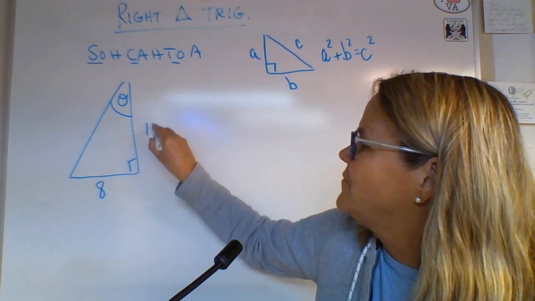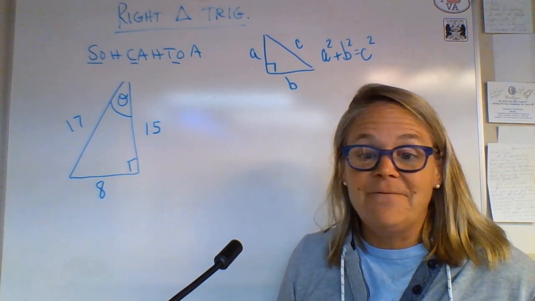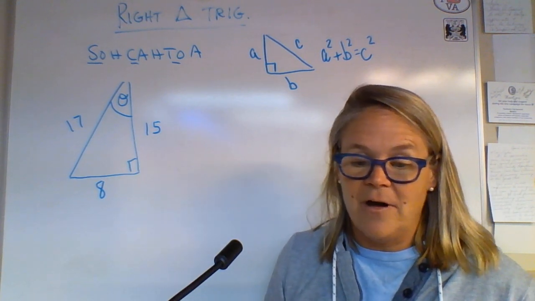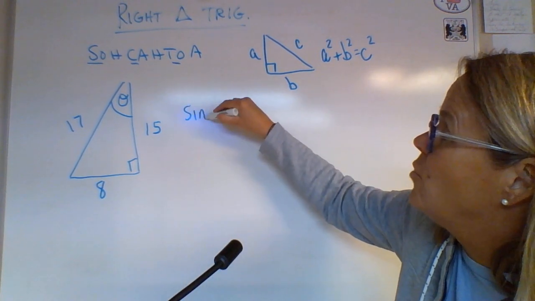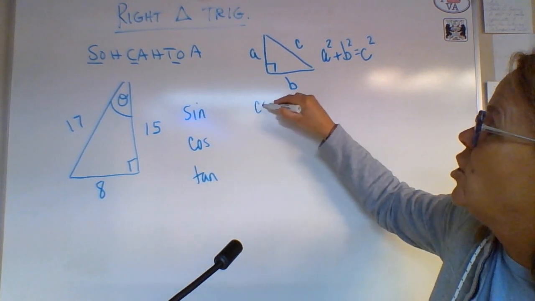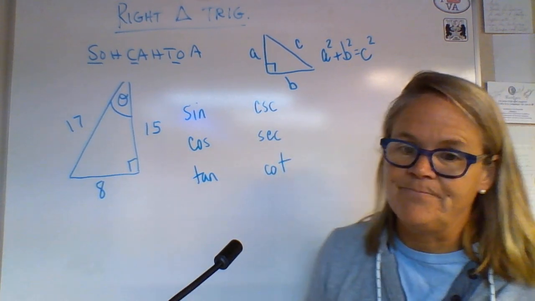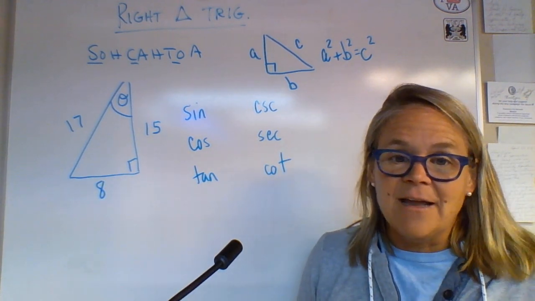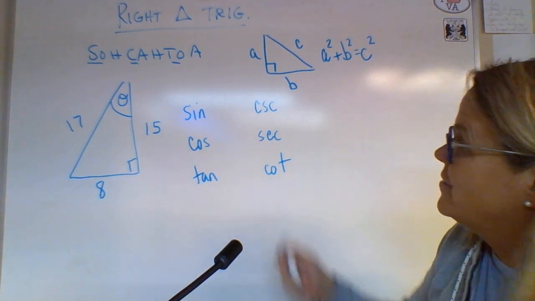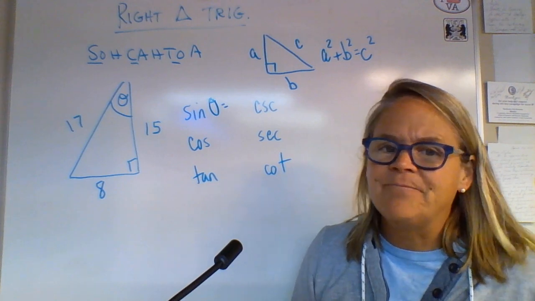That's 8, that's 15, that's 17. Now, if I said evaluate the 6 trig functions, you know you're going to have sine, cos, tan, cosecant, secant, cotangent. So you find the sine. And these are theta. I'm just being sort of lazy and not writing it in.